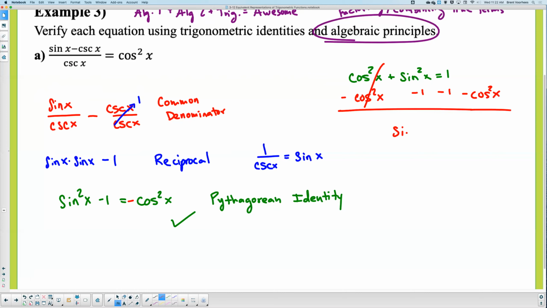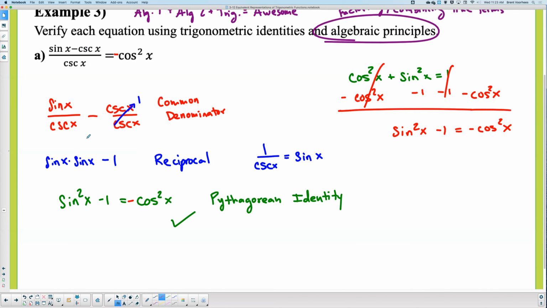I have sine squared minus 1 equals, 1's cancel out, negative cosine squared. And so this needs to be a negative. It's just a typo. So that's how these identities work.